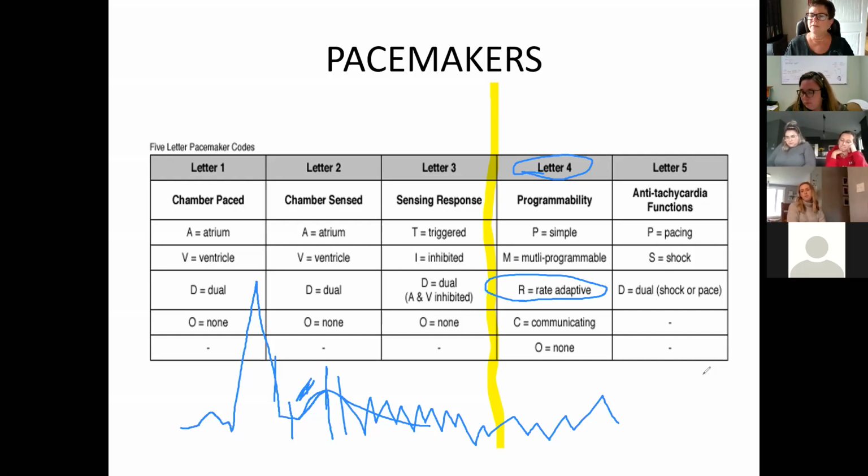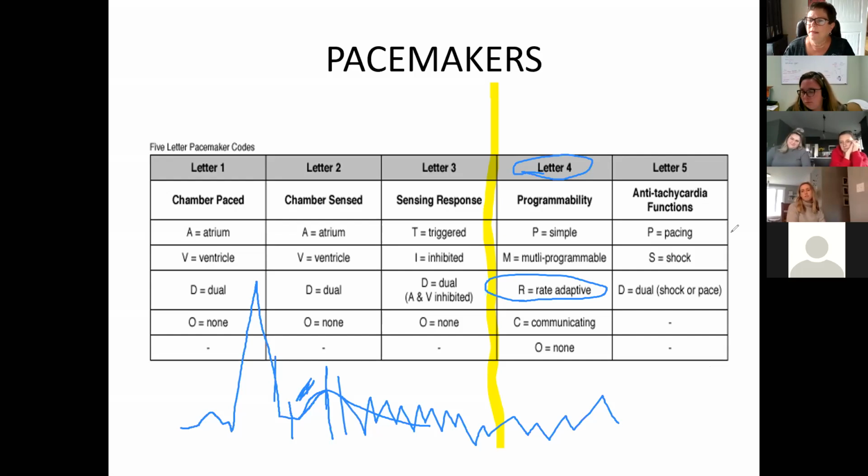But what about the 40-year-old who still wants to be athletic? You can't limit him to a heart rate of 72. Maybe he wants to have great bedroom activity. Well, I don't want a husband whose heart rate only goes to 72. I want him to ramp it up a little bit. So there's lots of reasons to put a rate responsive pacemaker in a patient.